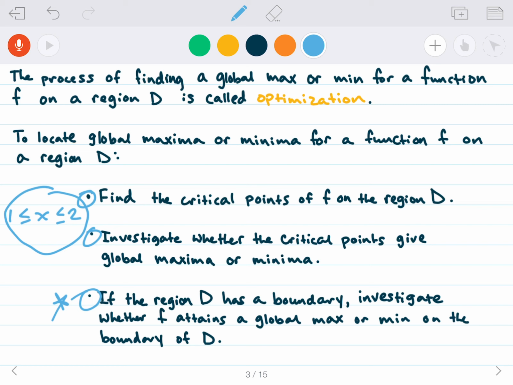Except this time, we don't have endpoints, we basically have a flat, infinitely thin disk, if you want to think about it like that. And we're going to talk more about that in a bit. Anyway, if the region does have a boundary, then we're going to investigate whether f attains a global max or min on that boundary, just like we did with a closed interval in Calc 1.